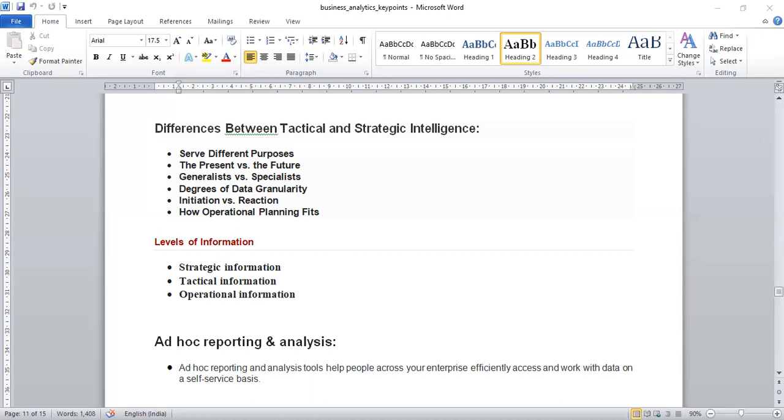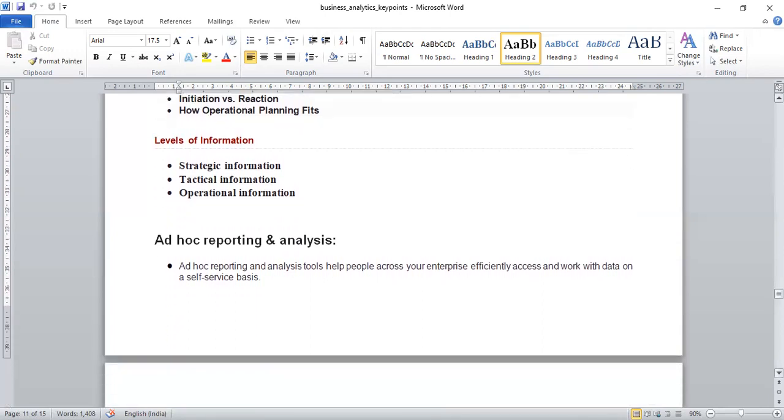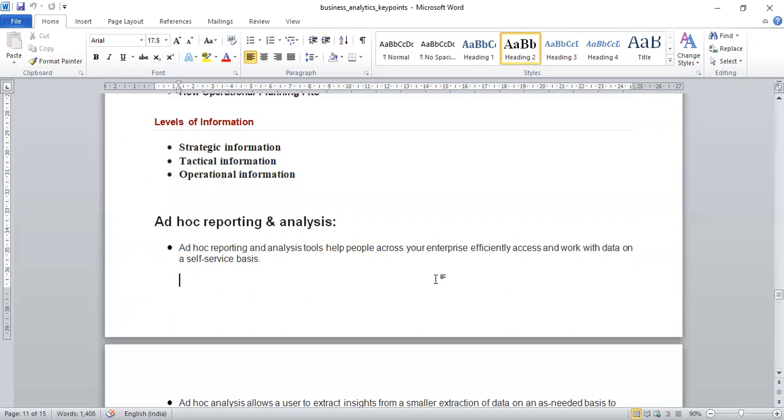Okay, so what are those levels? Strategic, tactical, and operational. Strategic information is used at the very top level of management within an organization.